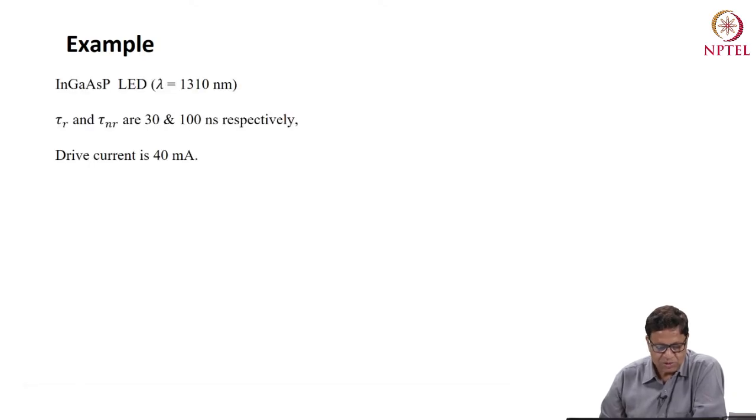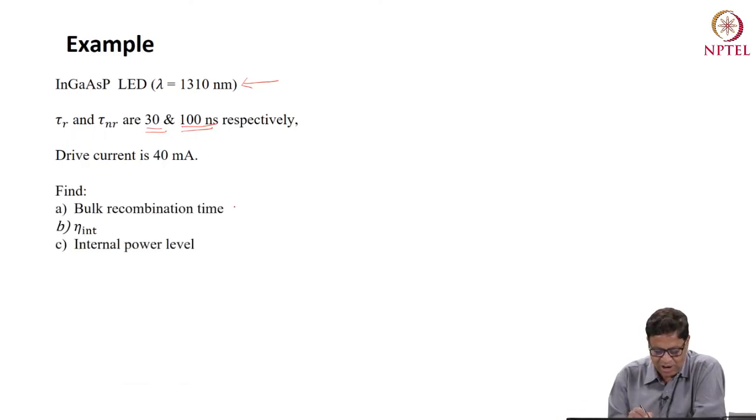Let us do an example and try to get some idea about typical values. Assume an indium gallium arsenide phosphide LED emitting at lambda of 1310 nanometer, with a radiative recombination time of 30 and a non-radiative tau NR of 100 nanoseconds. Normally these times are similar, but here they are shown different. The drive current I is 40 milliamperes.